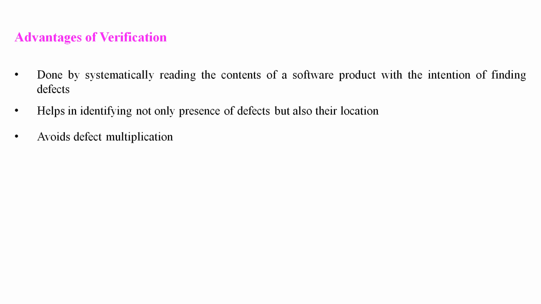What does it mean? See, what is the early stage of the software development life cycle? Which phase is the early stage? That is requirements gathering, or the requirement stage. Once we perform verification activities like inspections and reviews on the requirements document thoroughly, then we will find the defects in that document.